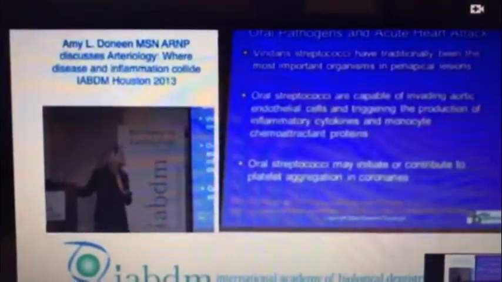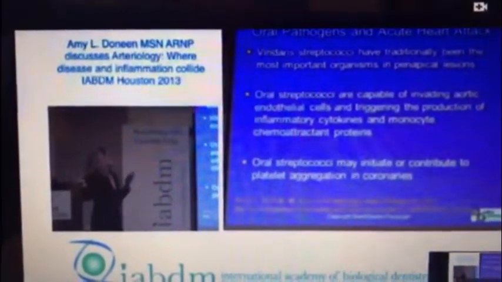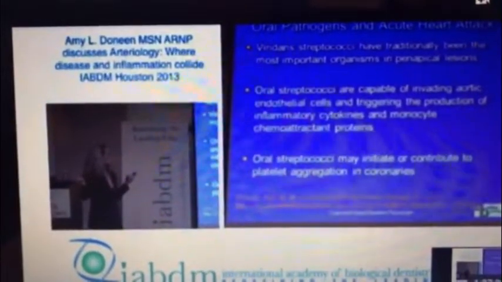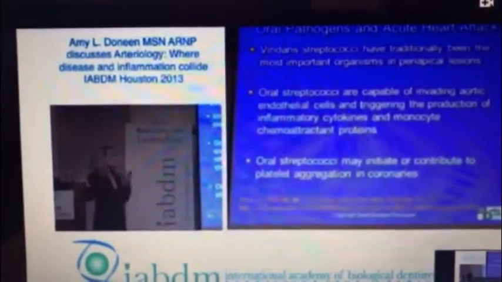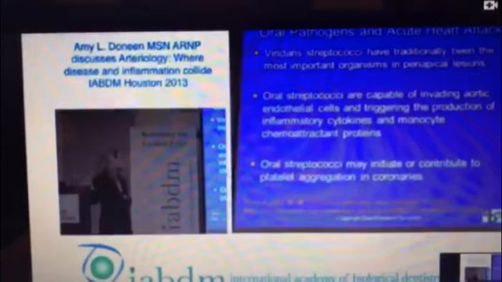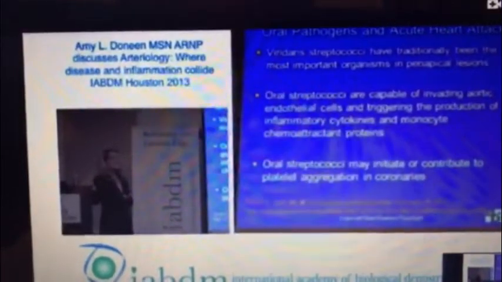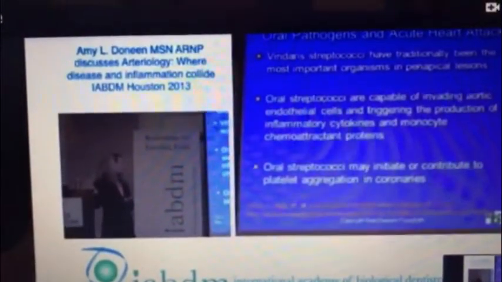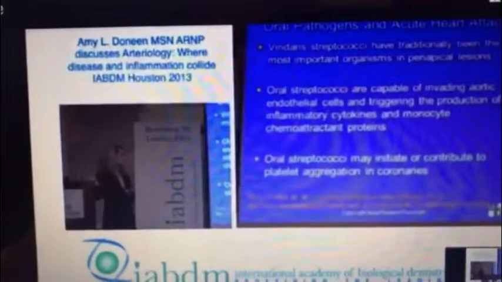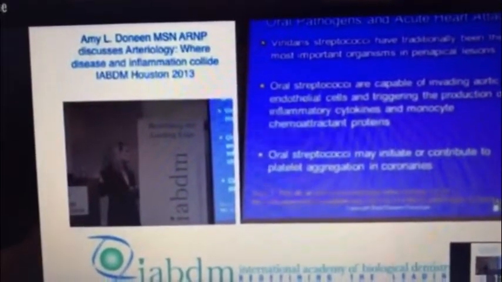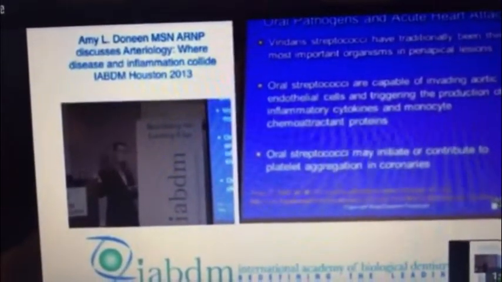All right, so this really is valuable because the streptococci have traditionally been the most important organism in these periapical lesions. Oral strep are capable of invading the aortic endothelial cells and triggering the production of inflammatory cytokines and monocyte chemoattractive proteins.